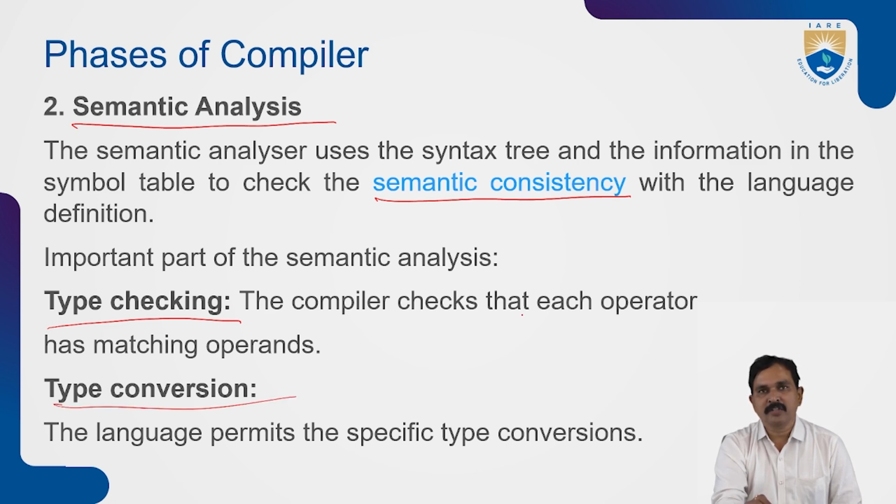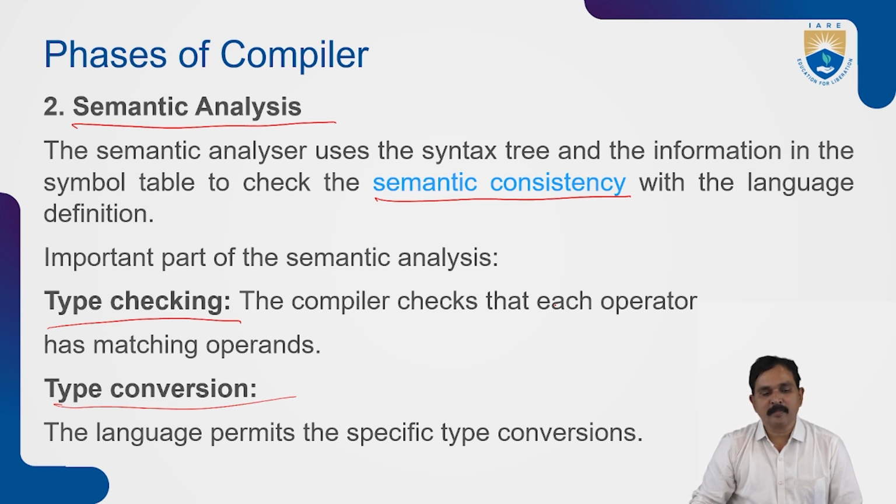In type conversion, we sometimes follow implicit type conversion or explicit type conversion. If automatic type conversion is not possible, errors can occur due to a semantic problem. That idea is called semantic consistency. The semantic analyzer uses the syntax tree and the information in the symbol table to check semantic consistency with the language definition.